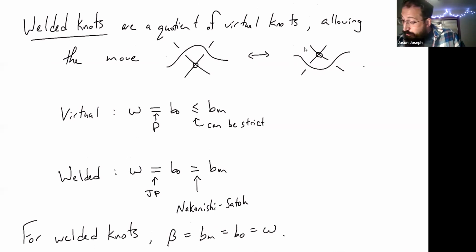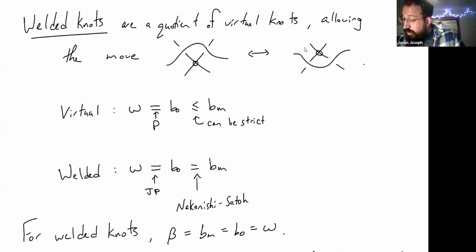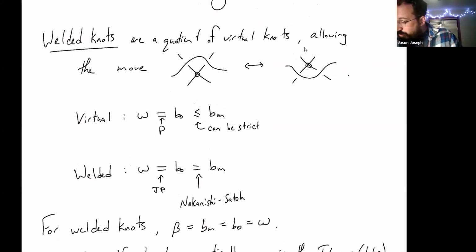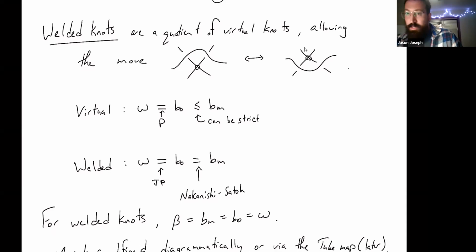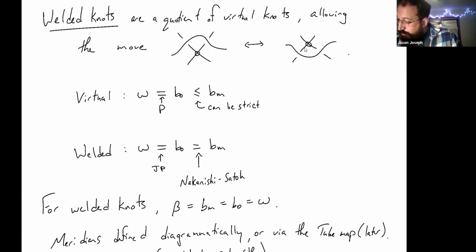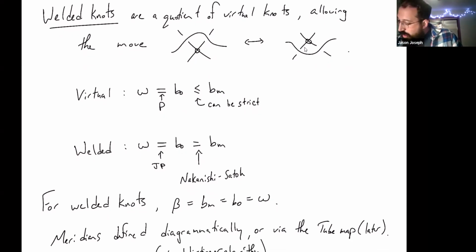And this means for welded knots, I can just say the bridge number, and I mean all of these different things, they're all the same. So that's what I mean by the bridge number of a welded knot. And thinking about it in different ways can be helpful at different times.